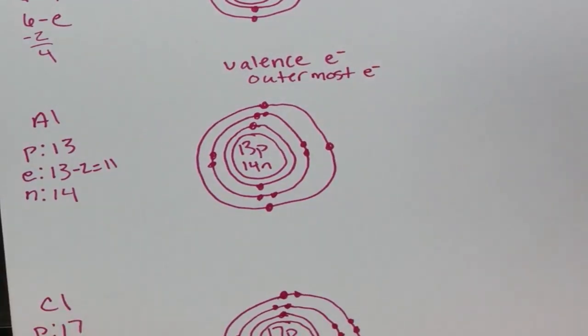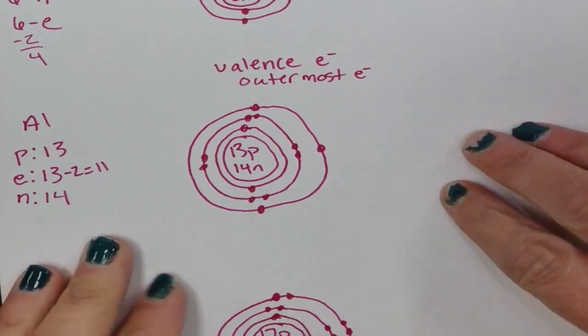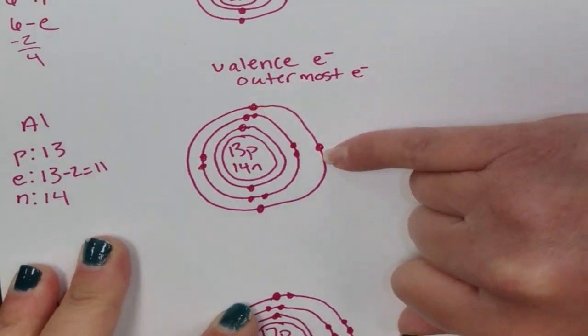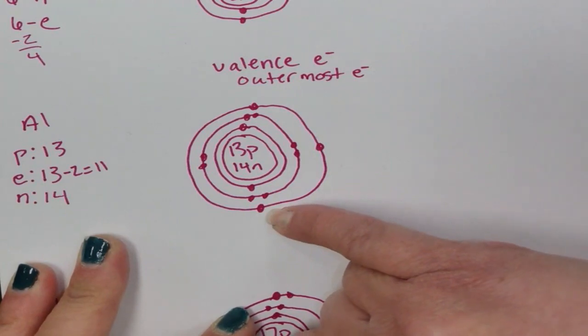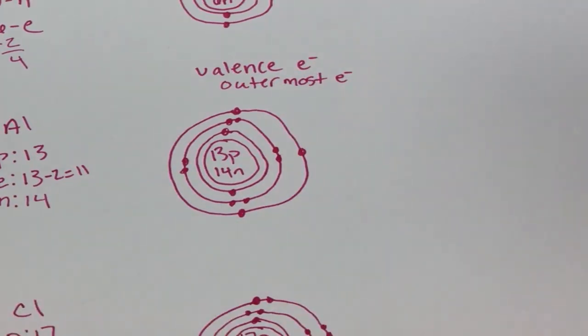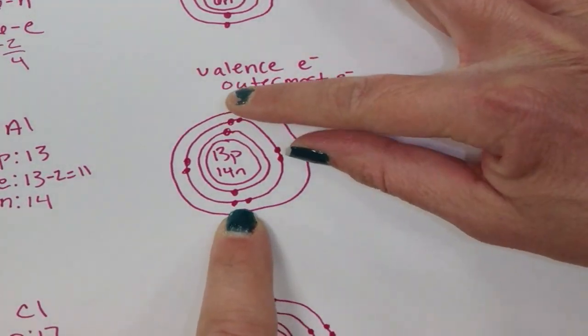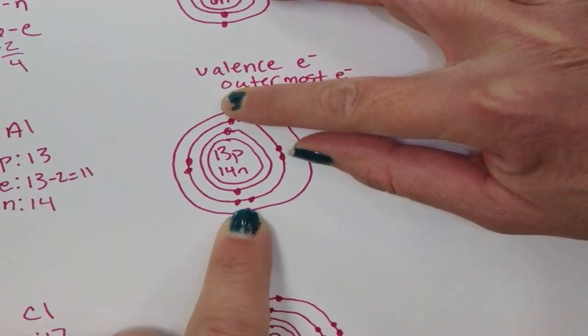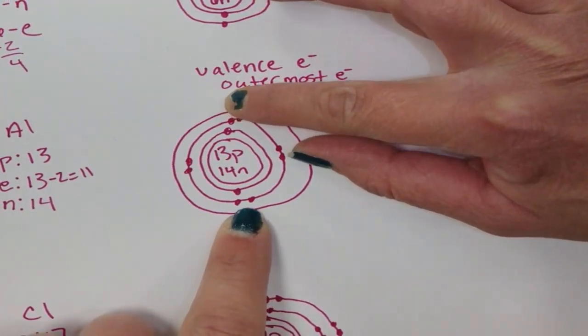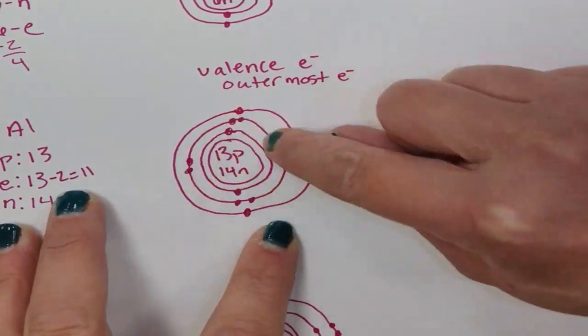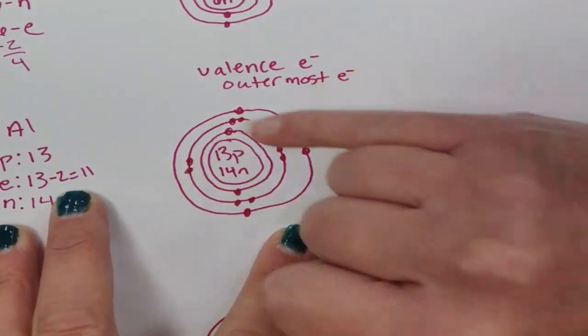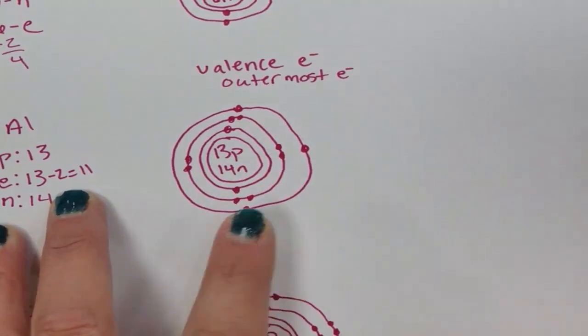How many valence electrons does aluminum have? 1, 2, 3. Now, the goal is 8, and aluminum has 3. So we now have 2 options. Aluminum can lose 3 electrons, and if aluminum loses all 3 electrons, we notice this second shell is in fact 2, 4, 6, 8, so it's happy.